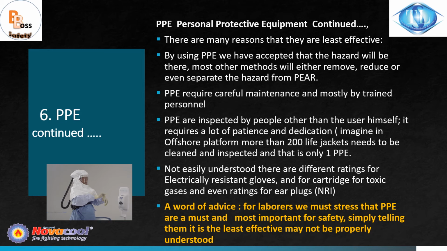Whenever you have an earplug, and this I will show maybe when we have a module about PPE, you will see something called NRI and a certain number, NRI 23, NRI 18, and that is noise reducing index, sometimes NRF, noise reducing factor, and this is the factor that will be used to calculate how much noise you have at your ear.